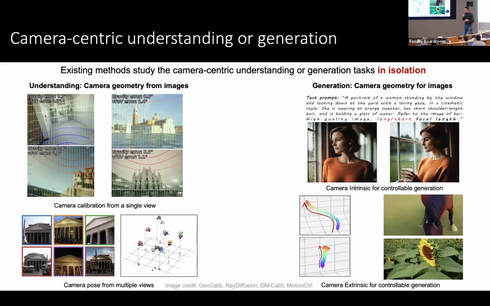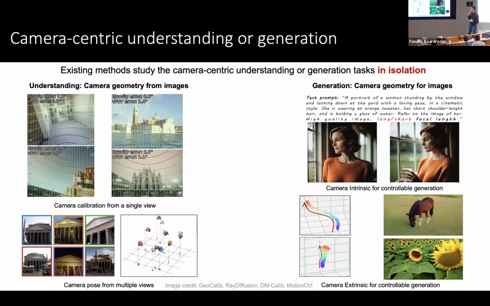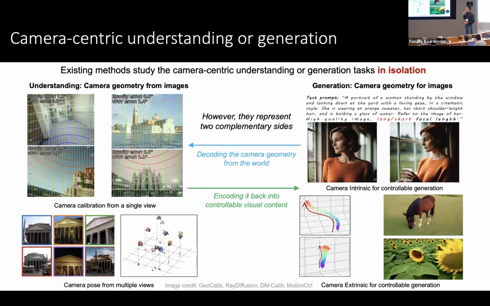On the other hand, there are a lot of works that try to introduce camera geometry as a condition for image or video generation, either camera intrinsics for controllable generation or camera extrinsics to move the cameras around to generate nice videos. But we feel that these two problems are interrelated in the sense that they share some complementary representation.